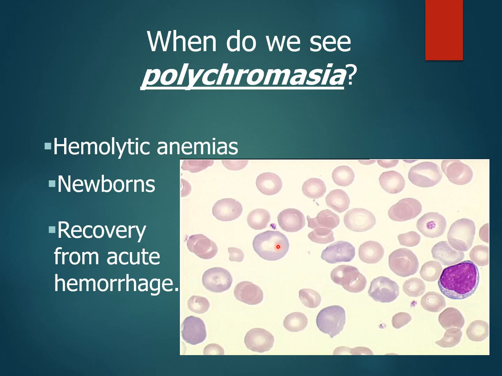And so their bone marrow becomes much more active than it was prior to birth. And then, of course, recovery from acute hemorrhage. Whenever we have a massive blood loss, we are going to see a very high reticulocyte count, assuming that we have the resources to make those red cells quickly, because our body is trying to protect us from hypoxia.